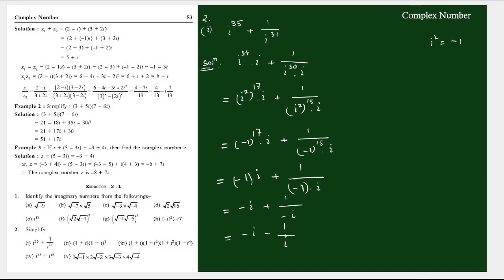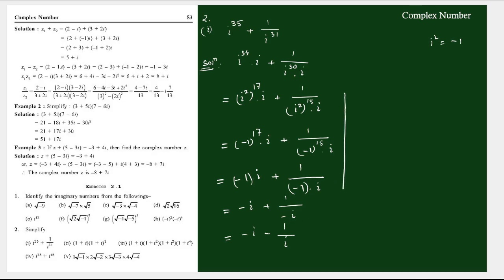This is 1, and this is i. So we will try to remove the i and bring a number. If we bring a number, we have to multiply with another i. Then it will become i squared and we will get minus 1. Okay, let's try to do this.